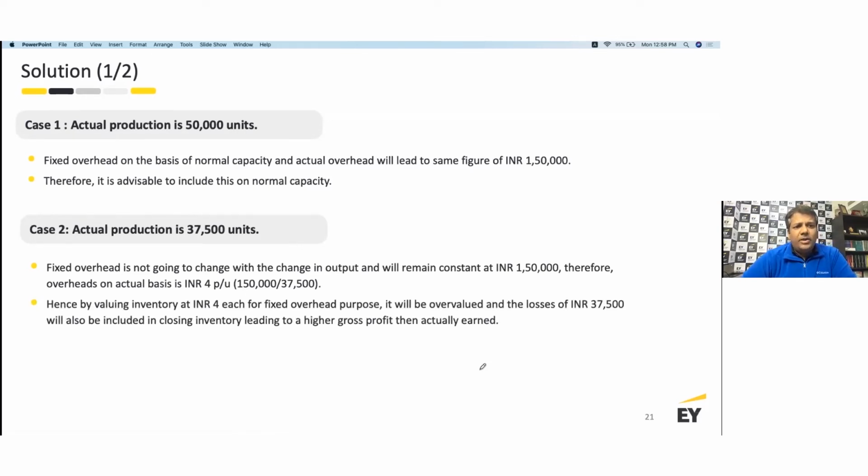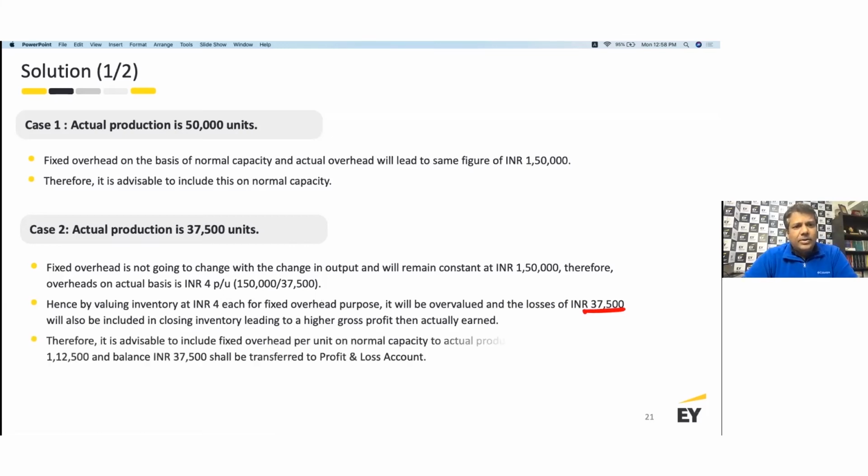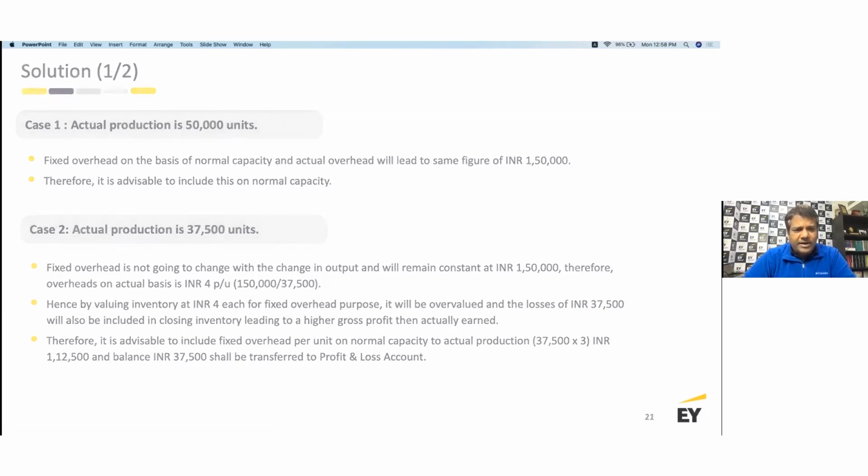If I value at 4, it will be overvalued, and the losses of 37,500 will get absorbed in the balance sheet, which is not permitted. So it is advisable to include the fixed overhead per unit on normal capacity to actual production, which is 37,500 into 3, INR 1,12,500, and the balance INR 37,500 shall be transferred to the profit and loss account.